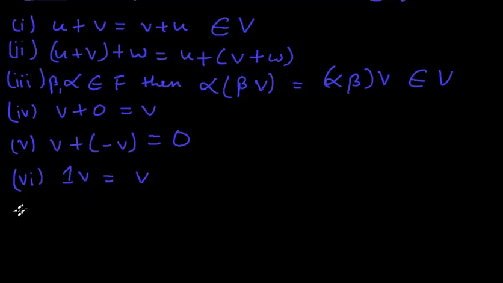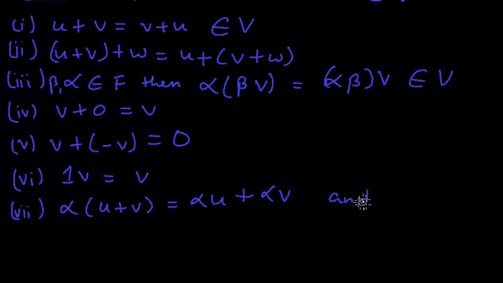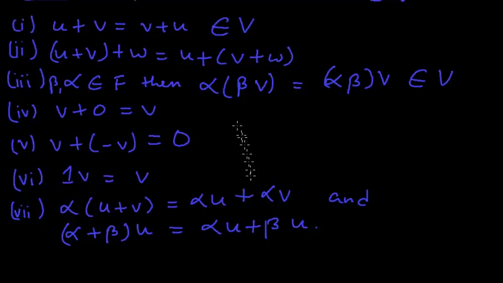And we have the distributive properties. Let's note that alpha belongs to the field: alpha times (u plus v) equals alpha u plus alpha v, and (alpha plus beta) times u equals alpha u plus beta u. So if any set V satisfies all these properties, then that set V is called a vector space.